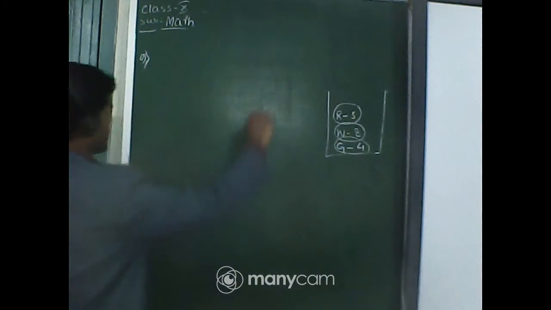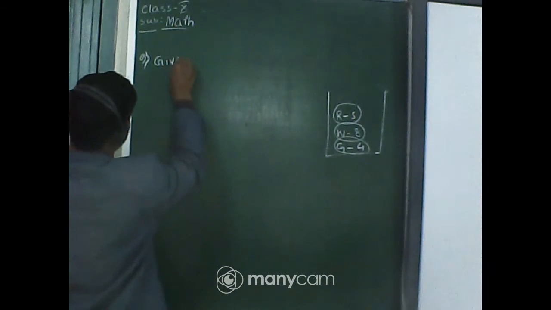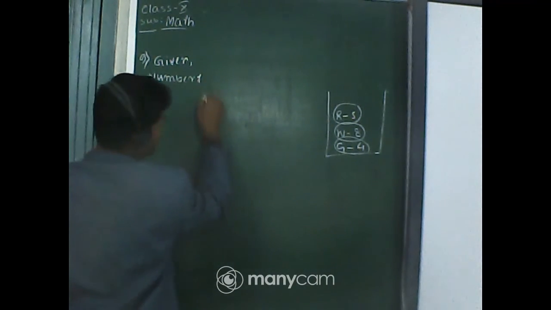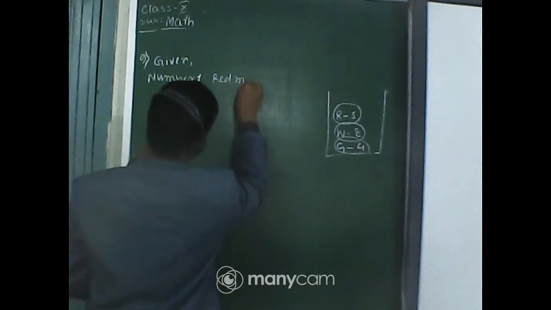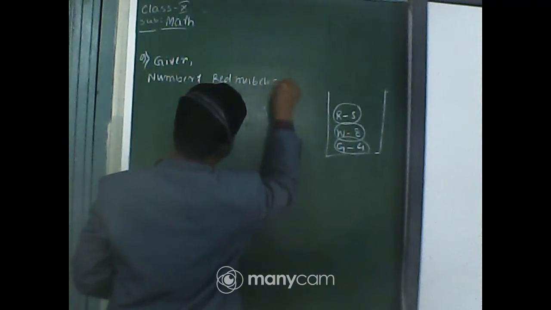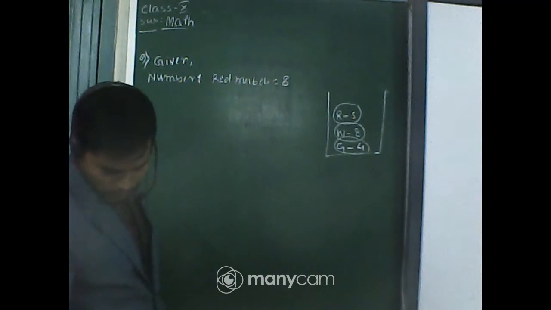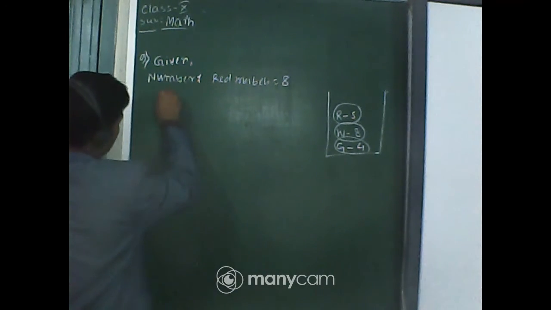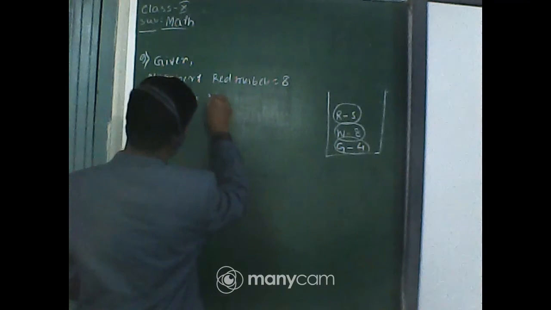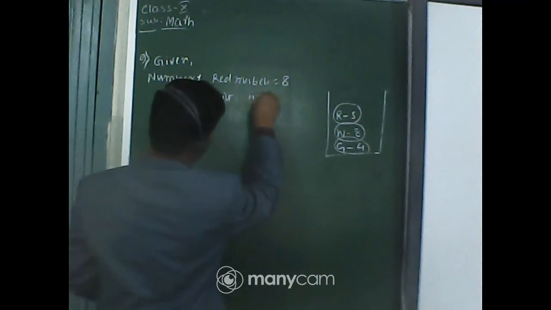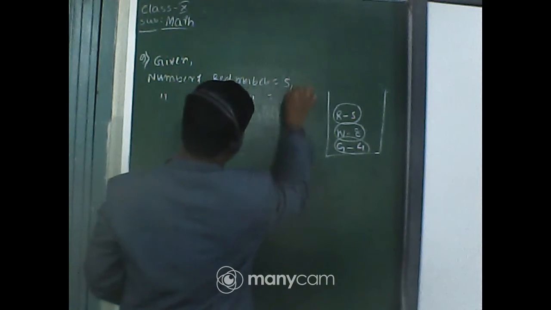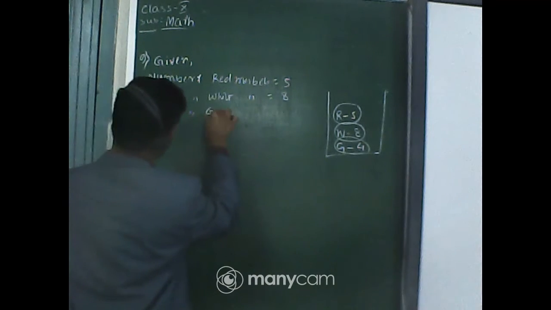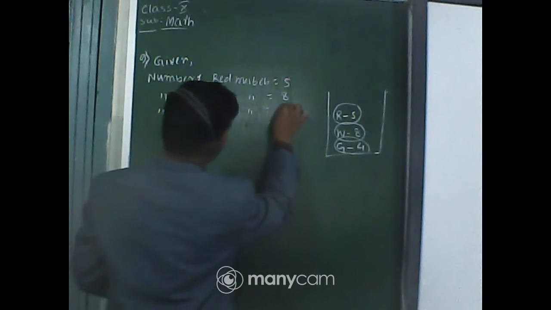Okay, so let's write the data given here. Given number of red marbles is equal to 5, number of white marbles is equal to 8, and number of green marbles is equal to 4.